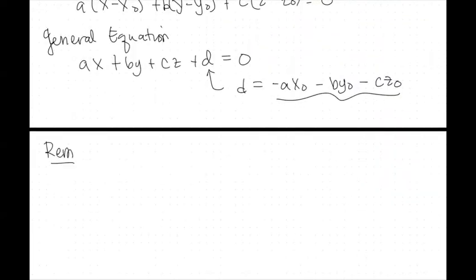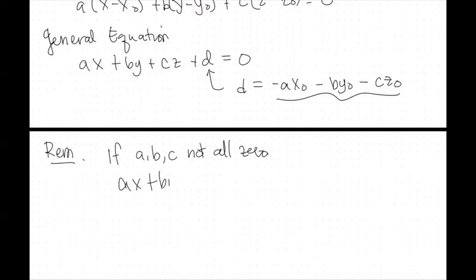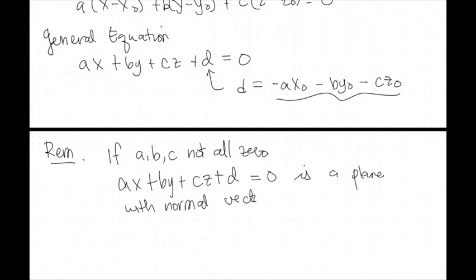So remark, if A, B, and C are not all 0, AX plus BY plus CZ plus D equal to 0 is a plane with normal vector A, B, and C. Where is that?